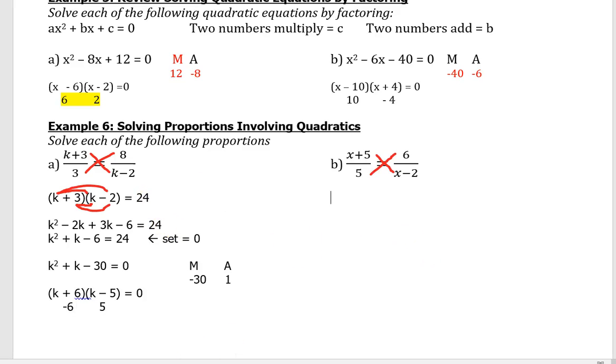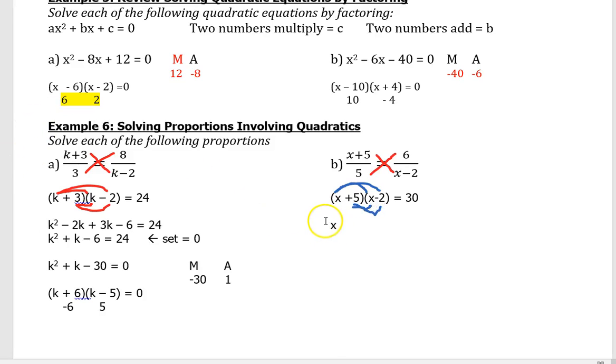Okay, I'm going to try and do this one more time for you guys. Cross products here: x plus 5, and then we're going to multiply that by x minus 2. And the other side of that equation is just going to be 5 times 6, which is 30. Okay, now I'm going to do my FOIL, or double distributive property, how I like to see it. x times both of these terms, and then 5 times both of these terms.